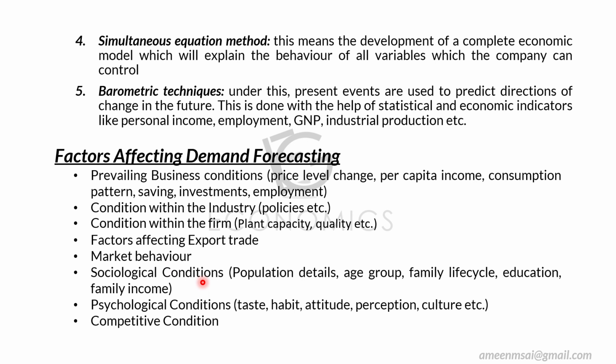Everything impacts demand forecasting. That's what we call sociological conditions. Population details, age group, family life cycle, education, family income, and many other factors. The next one is psychological condition. The taste, the habit, the attitude, perception, culture.